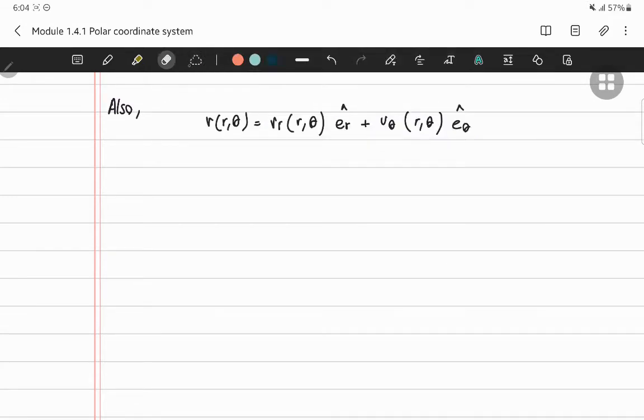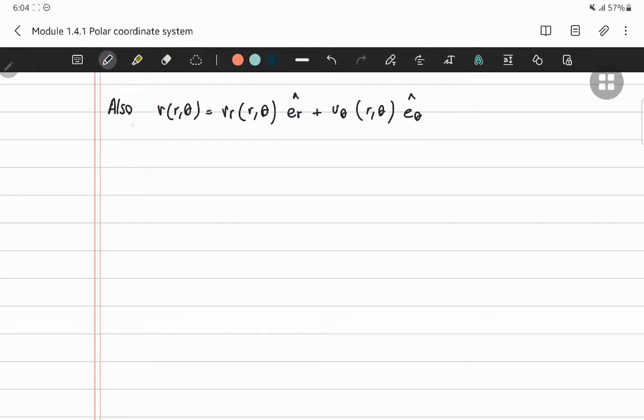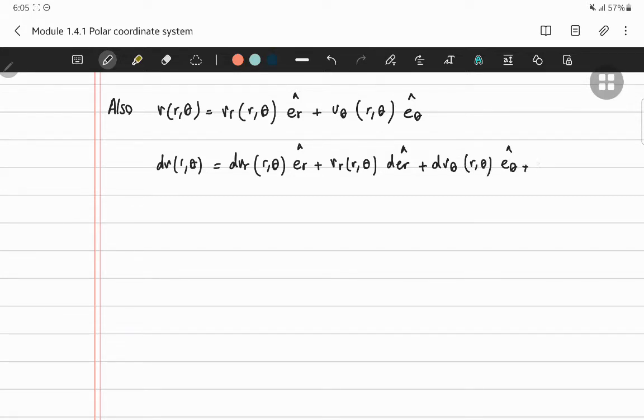So dv(r, theta) is equal to dv_r(r, theta) e_r plus v_r(r, theta) de_r, plus the differential of this expression, dv_theta(r, theta) times e_theta, plus v_theta(r, theta) de_theta, the differential of this expression.